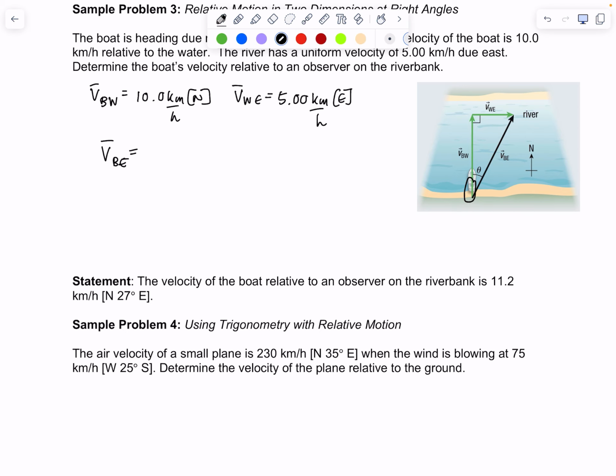So if we do velocity of boat relative to water plus velocity of water relative to the earth, we will start with b, we will end with e, and our w's link them together. They are the same. We can combine them. So let's add them using trig.